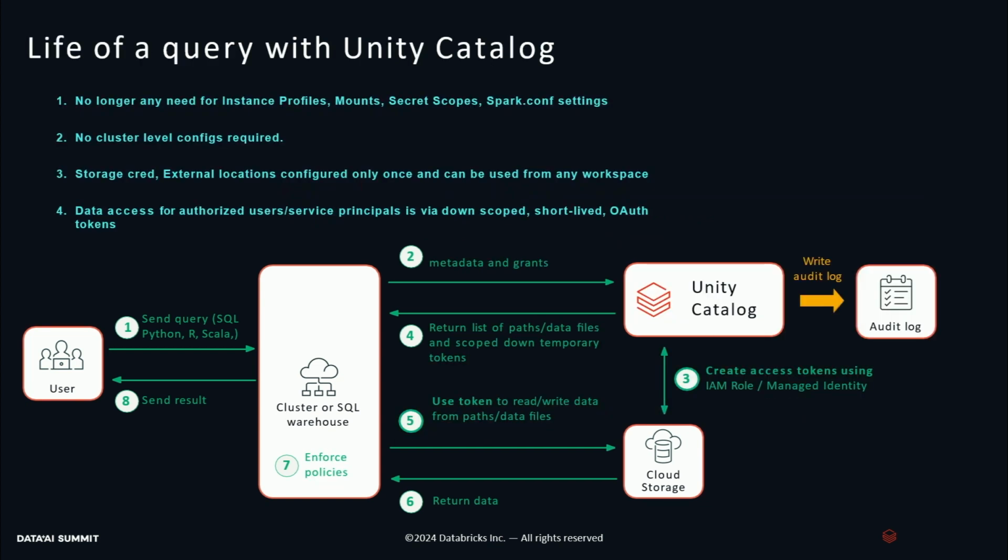Now what happens with Unity Catalog? Unity Catalog has addressed this concern by eliminating the need for instance profiles and Spark configs on the clusters altogether. We don't have to do any of this. Instead of maintaining instance profiles at the cluster level, Unity Catalog shifts to a single instance profile which is attached at the metastore level, which is at the account level.